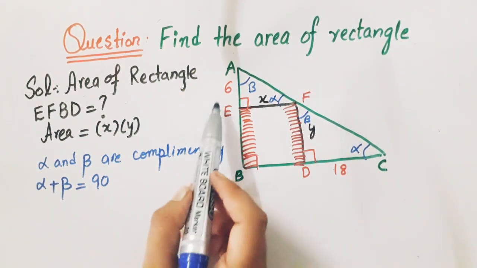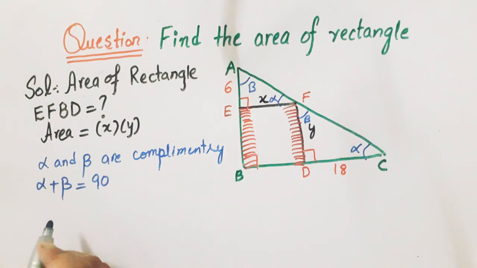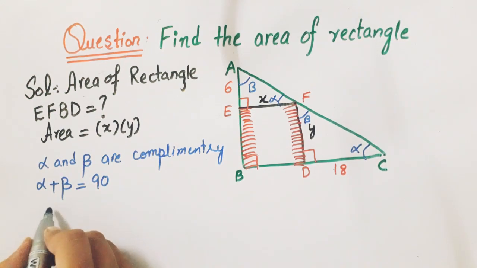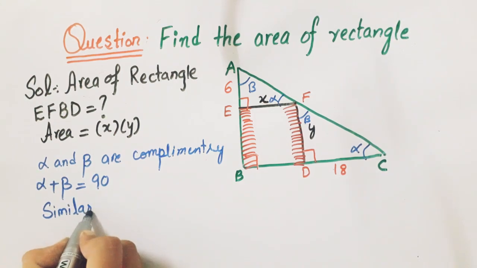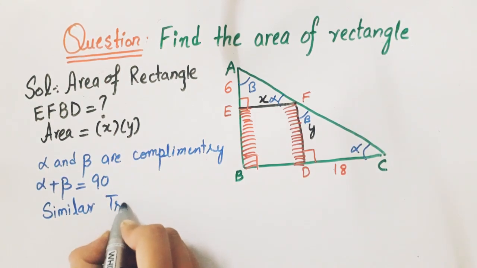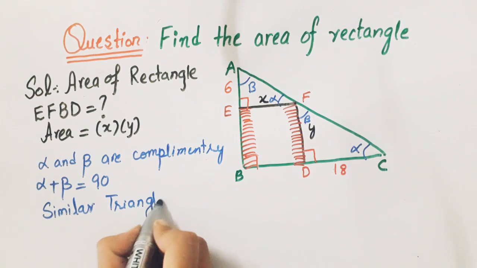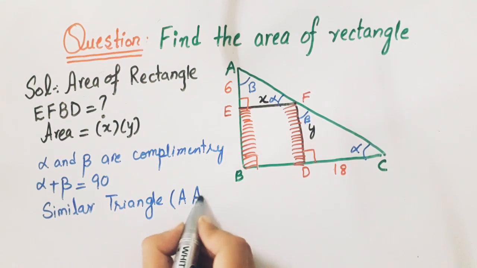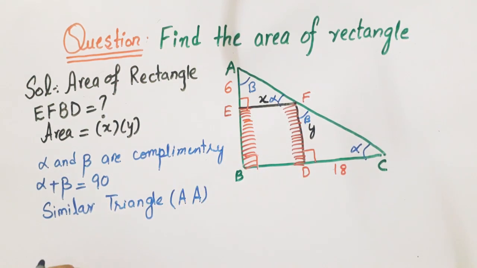It means the two triangles are similar triangles because the angles are the same. So we will write their ratio is also the same.